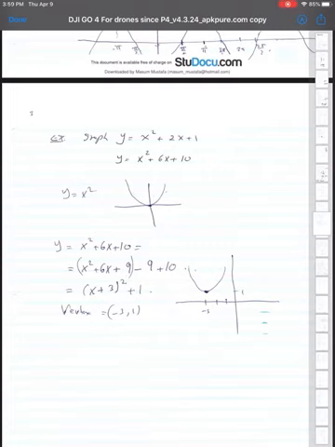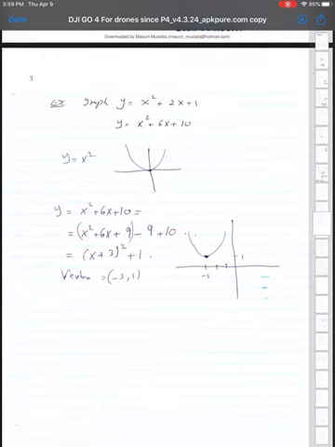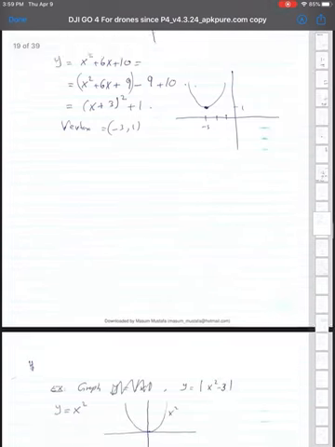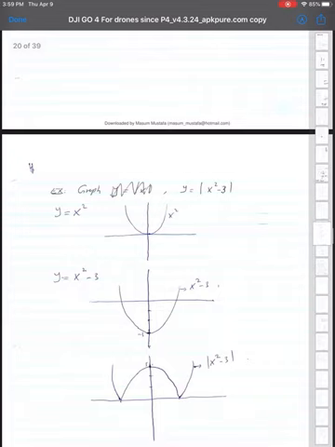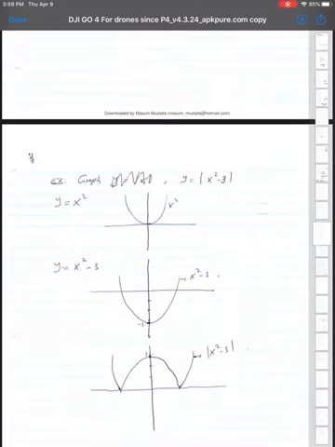We have solved a similar question earlier, how to find a vertex in this manner. So we know how to find the vertex using completing the square, so I'm not going to cover this. And this is again some shifting.